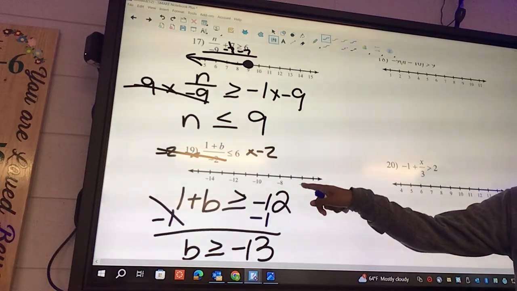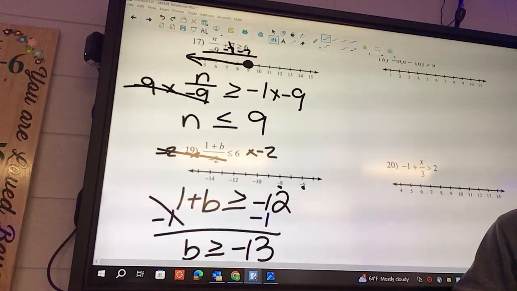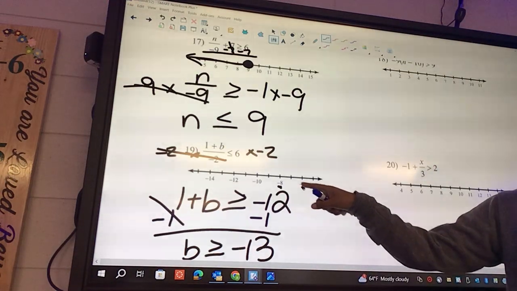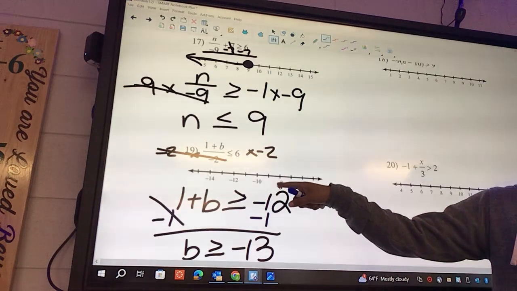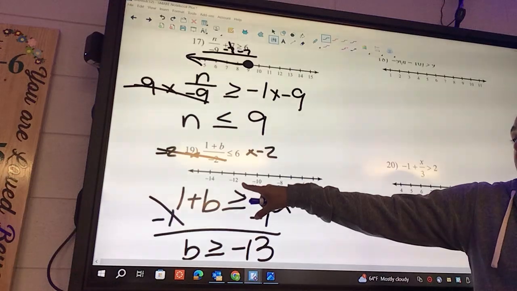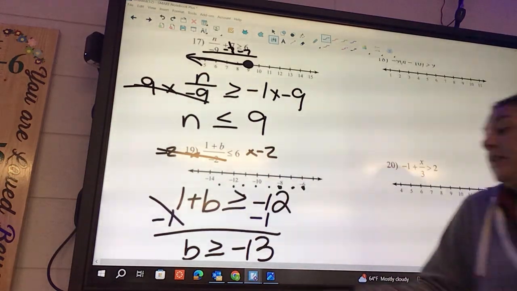If this is 6 and this is 8, where is the 7? In between them. So we know that this is 6, 7, 8, what's this one? 9, 10, 11, 12, 13. So that's where the 13's at.